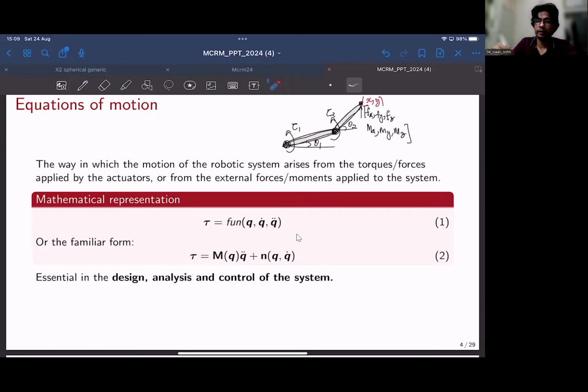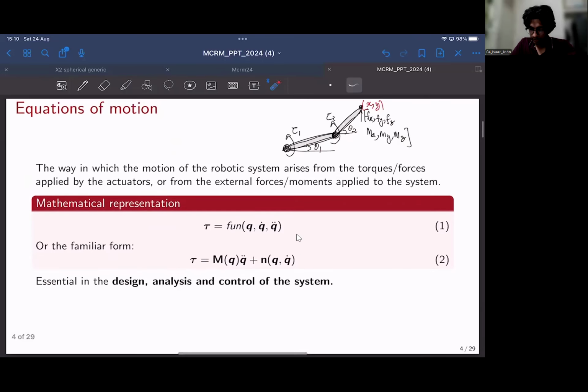If these are the forces that are acting on the robot manipulator, then what should be the corresponding inputs that you should be giving onto the motors, right? If you address this question, you are essentially solving robot dynamics, right?